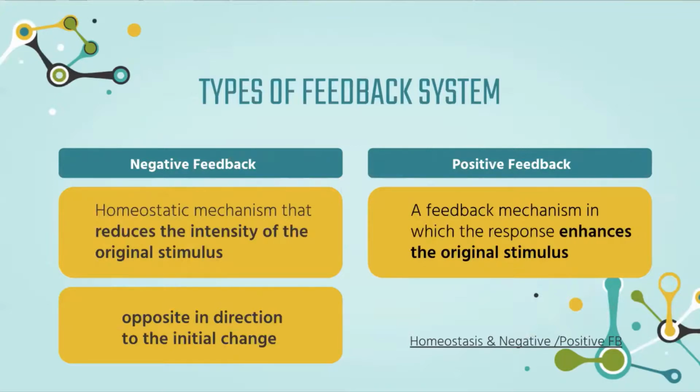Negative feedback mechanisms reduce output or activity to return an organ or system to its normal range. So when something increases, it will go down to the equilibrium state. I will show you a graph in the next slide.